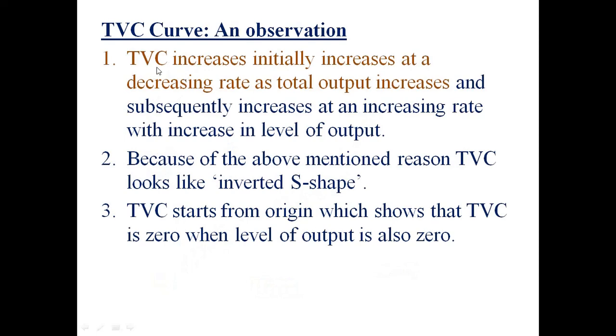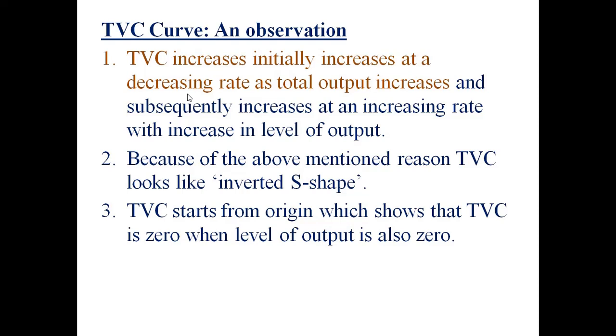So TVC increases initially at a decreasing rate as total output increases. In the beginning, when total output is also increasing, it is because of the increasing returns.